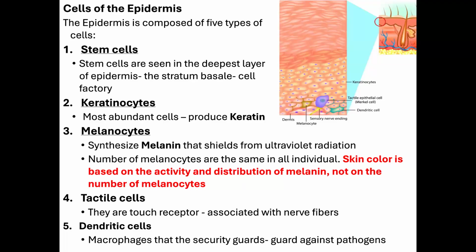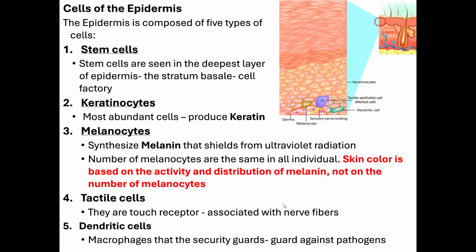It is. The number of melanocytes is the same. The difference is that in a dark skinned person, it is more active, and also the distribution is wider. There are more reasons, I'll come to that.